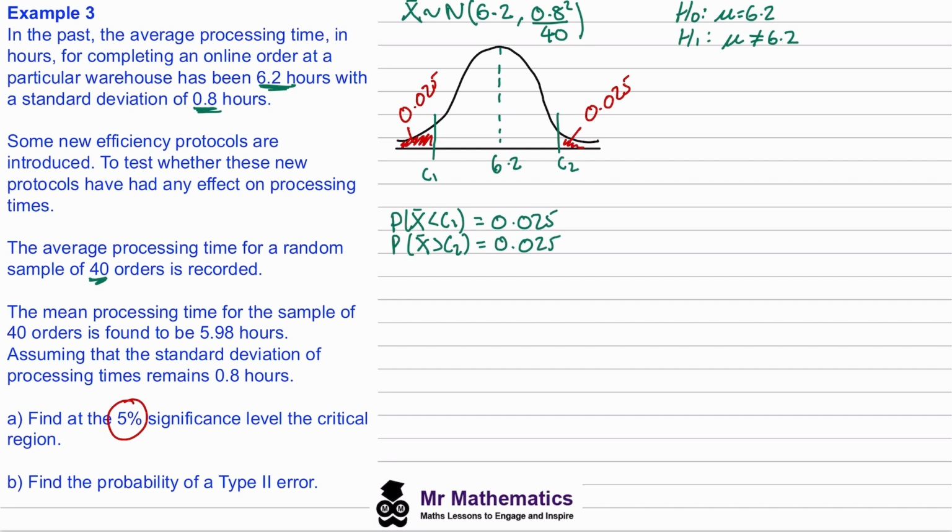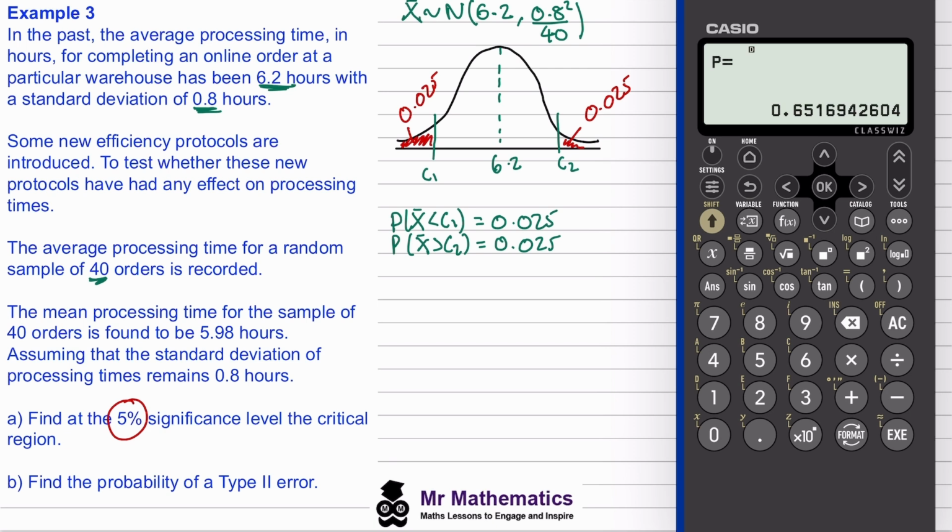So if we go to our calculators, we'll choose inverse normal. We want the area to be 0.025 for C1. Mu is 6.2. And the standard deviation is the square root of 0.8 squared divided by 40. And this will give us C1 to be 5.952.